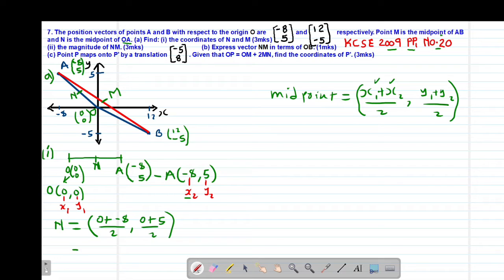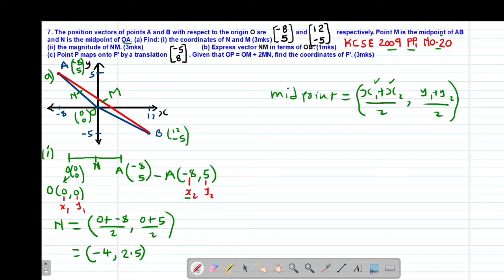This gives me the coordinates of N as: 0 plus negative 8 gives negative 8, and negative 8 over 2 gives negative 4, comma, 0 plus 5 gives 5, and 5 over 2 gives 2.5.